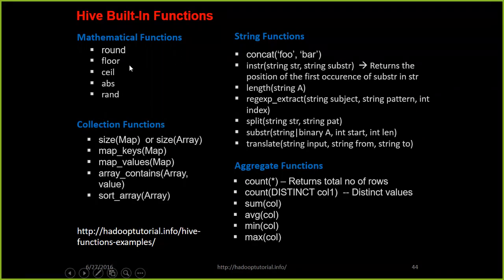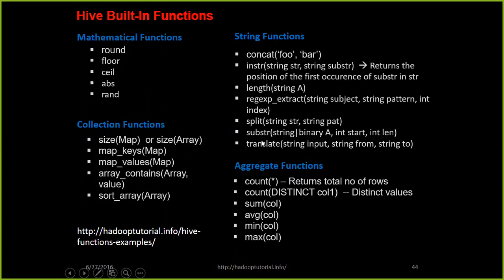Here also you will have all these things. And aggregate functions, these are the functions that you might use more frequently. Count of star to get the total number of records, and count of distinct column name, only the distinct records for that. It will not include the duplicate values. And sum of a column, average, minimum, maximum, all these are aggregate functions.